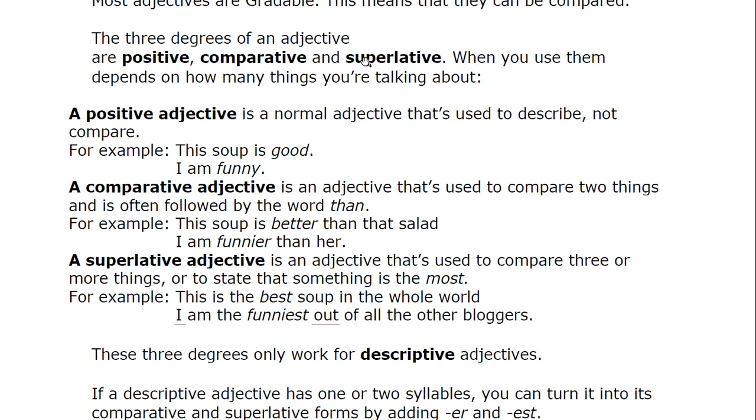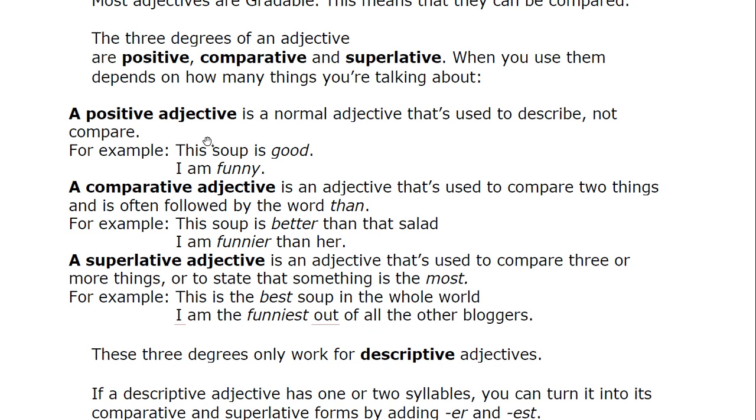And if you're talking of more than two things, that's when you use the superlative degree. So remember, positive means just one thing, comparative means you're comparing two things, and superlative means the number of things being spoken about is more than two.